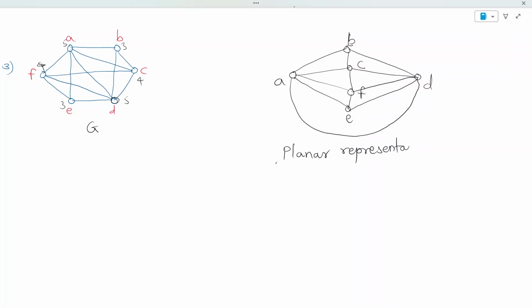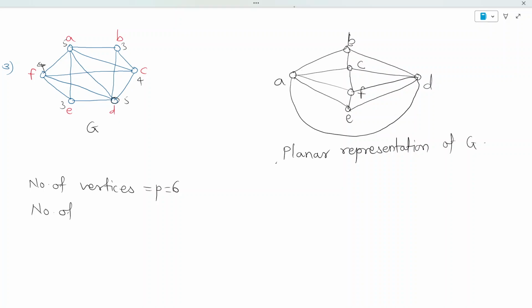Now let us count the number of vertices, edges and regions of graph G. So number of vertices in G is equal to P is equal to 1, 2, 3, 4, 5, 6.